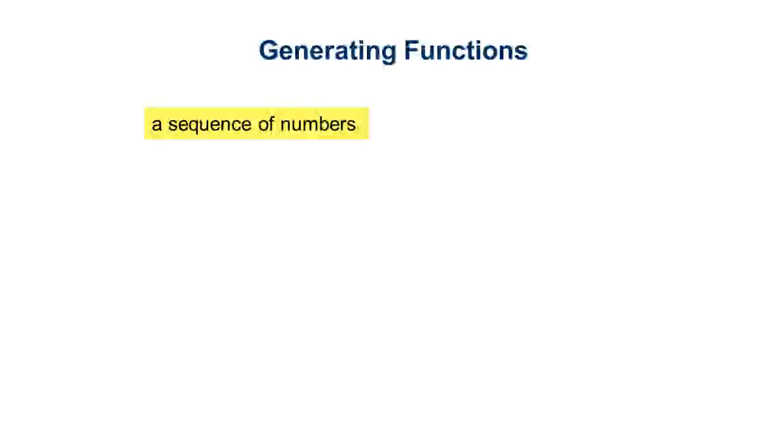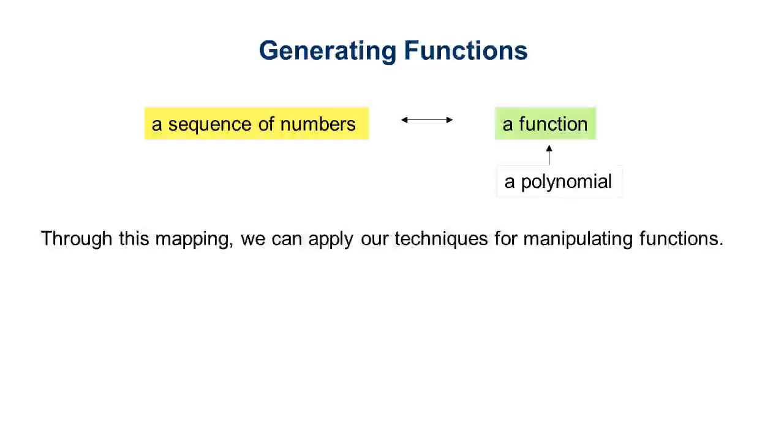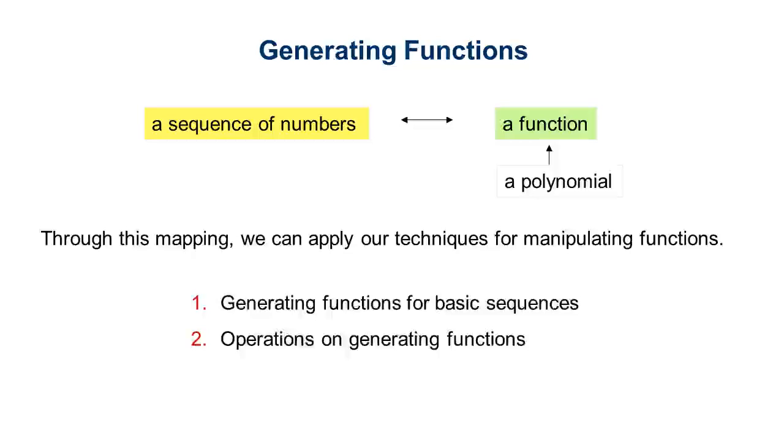A sequence of numbers becomes a function or a polynomial. Through this mapping, we can apply our techniques for manipulating functions. The main objectives of generating functions are: generating functions for the basic sequences, operations on generating functions, counting, and solving recurrences.